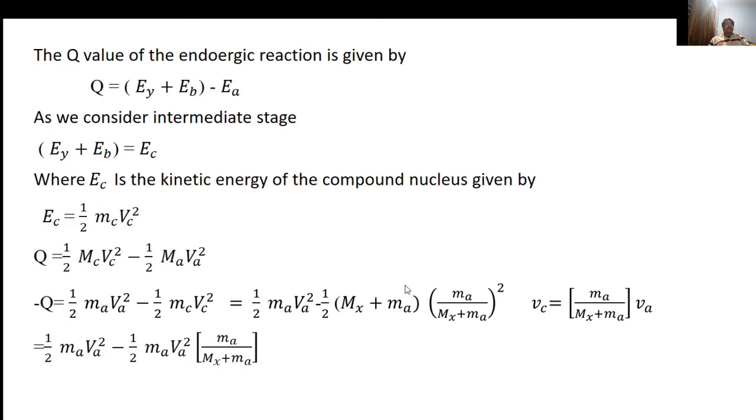Therefore, here mx plus ma gets cancelled. Then this equation becomes 1/2 ma Va² minus 1/2 ma Va² into ma by (mx plus ma).